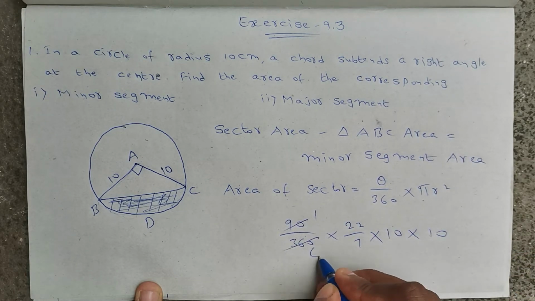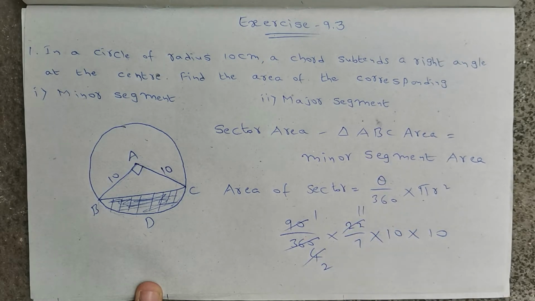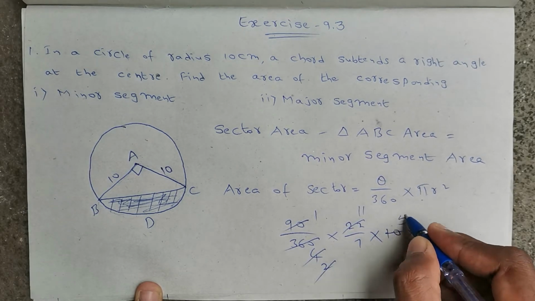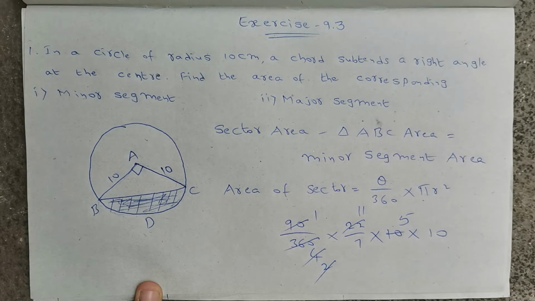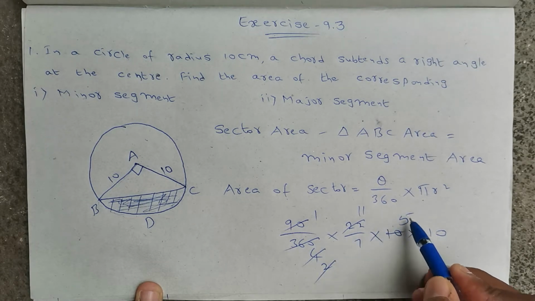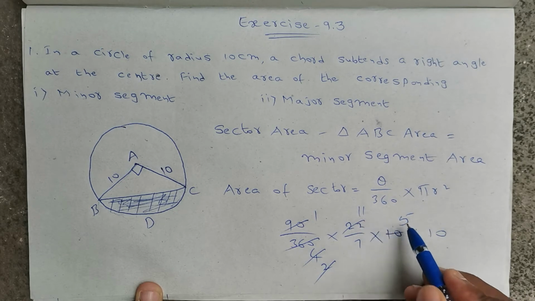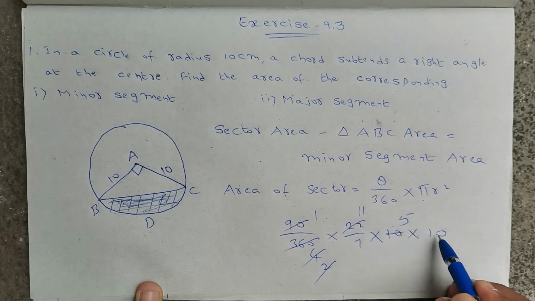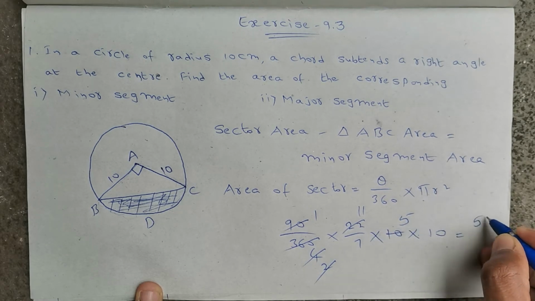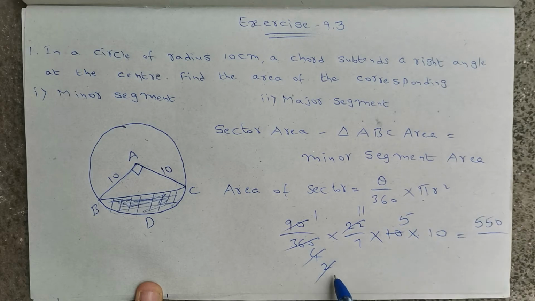90 and 360: 9 ones are 9, 9 fours are 36. 2 2s are 4, 2 11s are 22, so in the numerator we have 11 into 5 into 10. 11 5s are 55, 55 into 10 is 550, divided by 7 in the denominator.